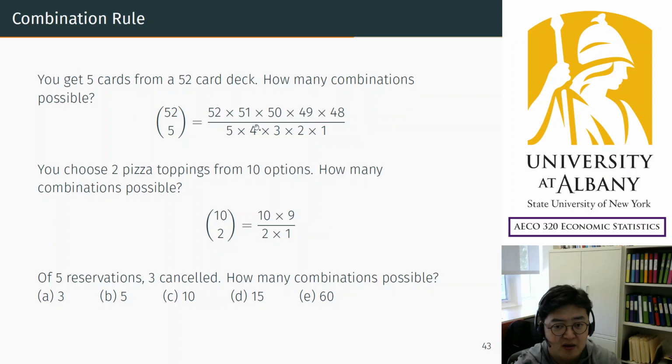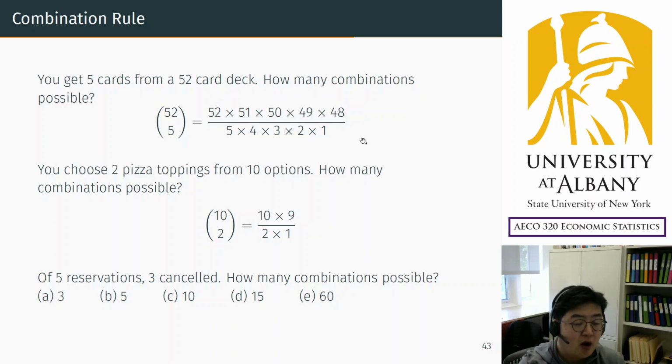If you play poker or a 5-card game, think about the rule. You are going to multiply from 5 down to 1. So 5 numbers are multiplied in the denominator. And then you are going to multiply the same number of numbers in the numerator, but you start from 52. So multiply 5 numbers from 52 down to here.